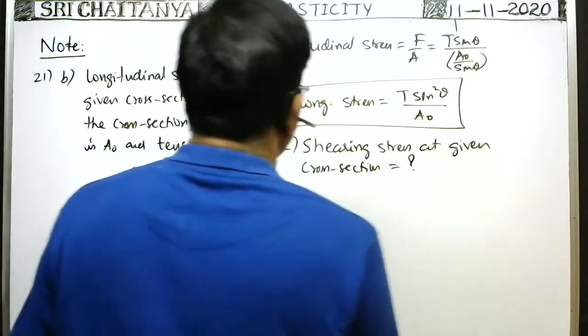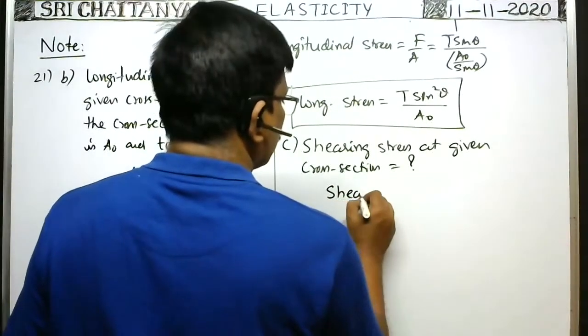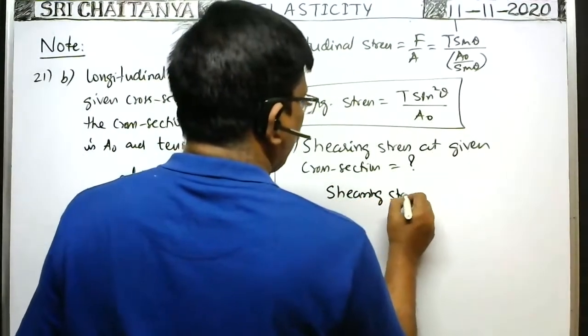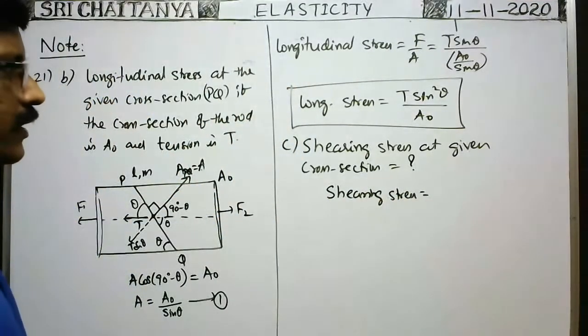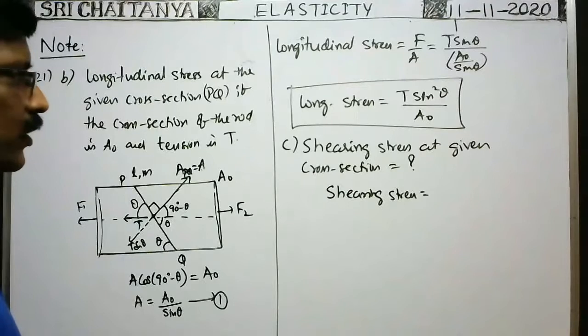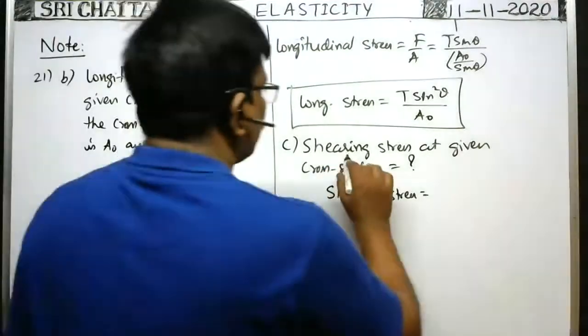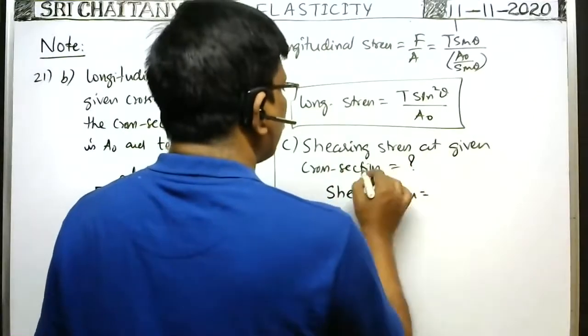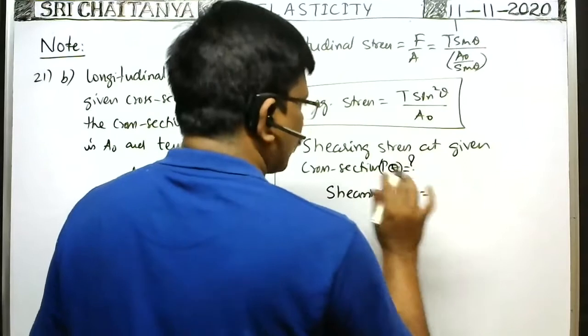Okay, what is the general formula for shearing stress? What is the formula for shearing stress or tangential stress? Shearing stress or tangential stress is tangential at this cross section. They asked shearing stress at the given cross section PQ.